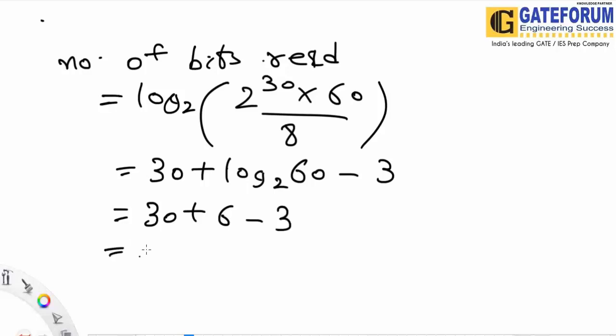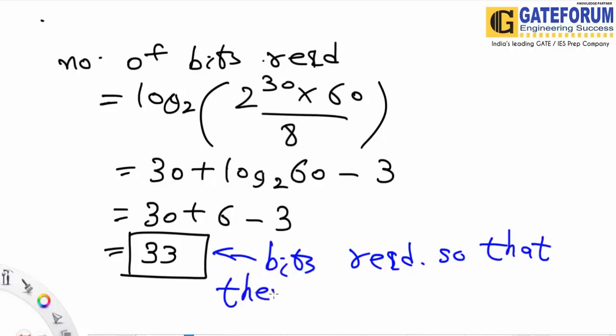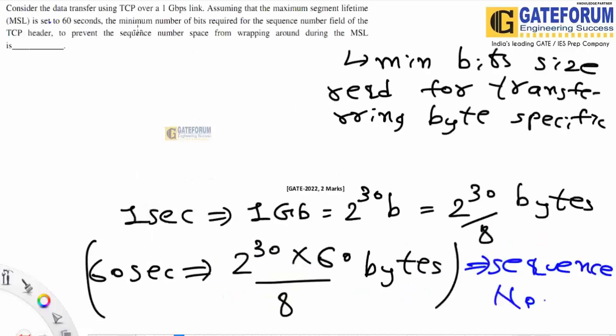So you will have the value as 33. So 33 is the number of bits required so that there is no wrapping.